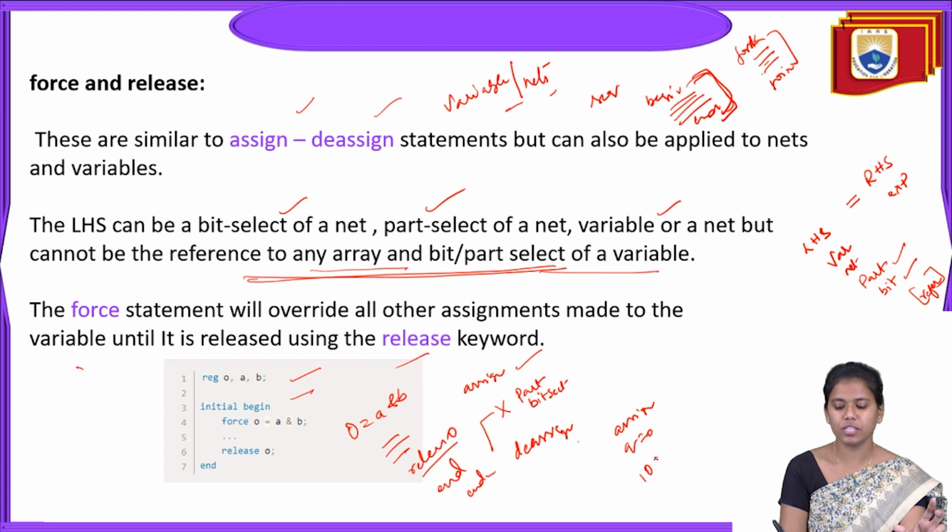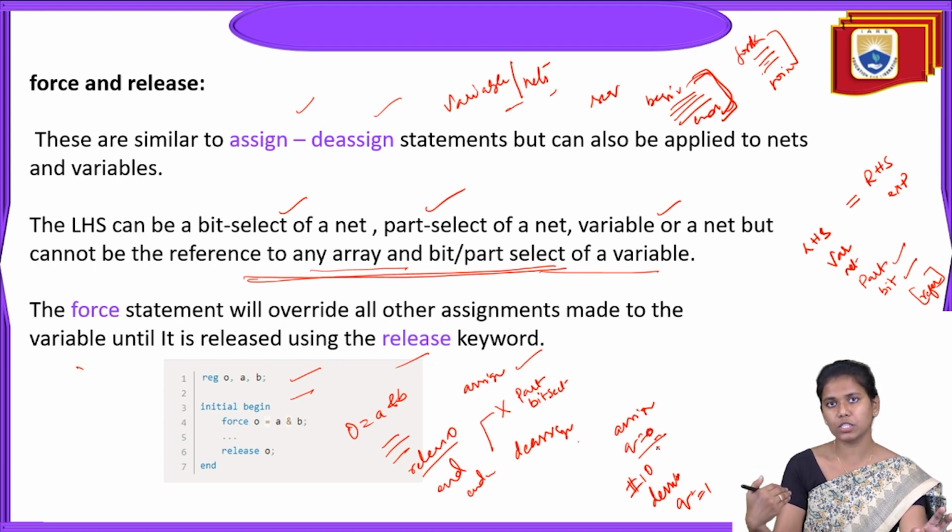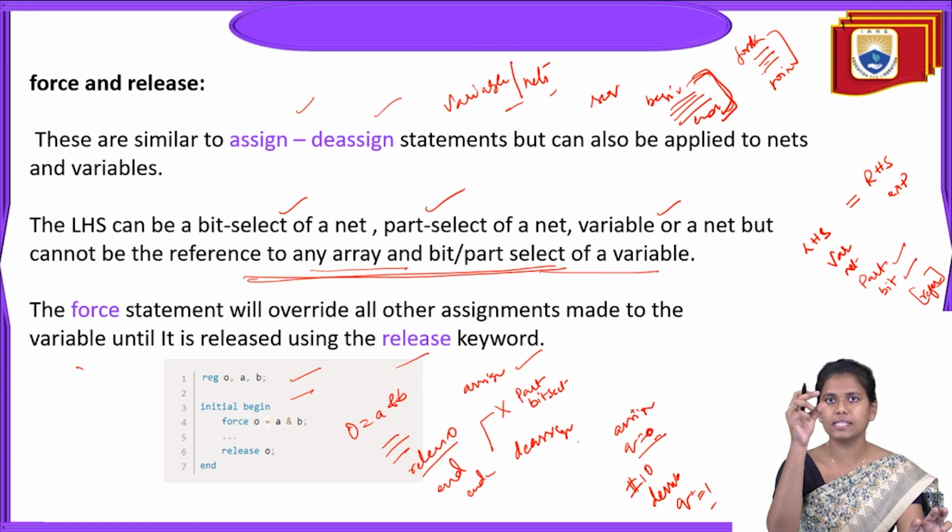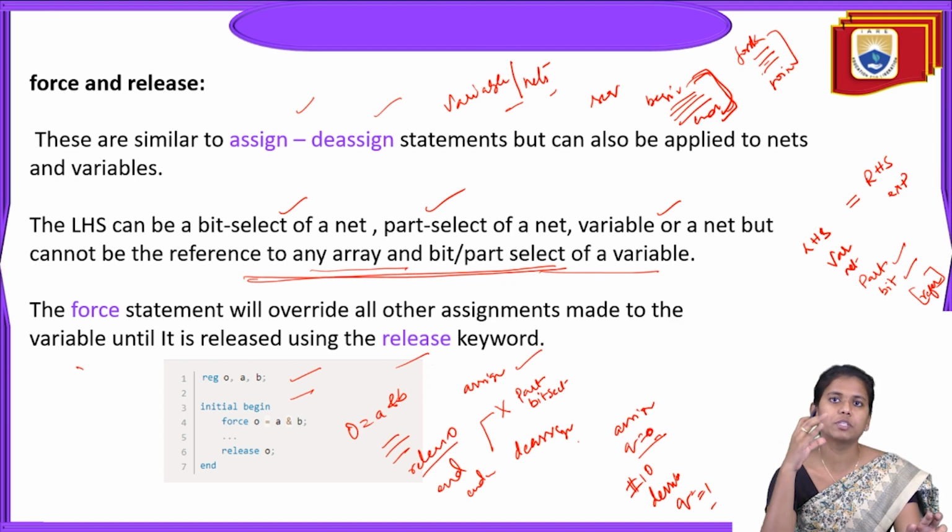After 10 nanoseconds of time delay, I want to assign some other value to my variable. So after 10 nanoseconds of delay, this 0 becomes 1. So what should I do? I have to release that. In order to release, I'm deassigning my q is equal to 0 just to assign the next value which I want to give, that is q is equal to 1. So only within assign and deassign, all the statements will be written.